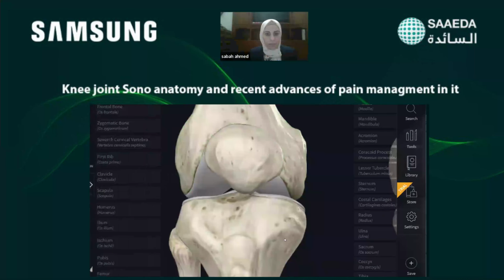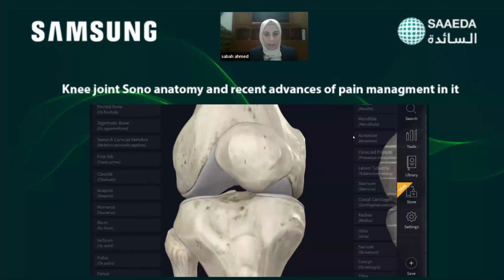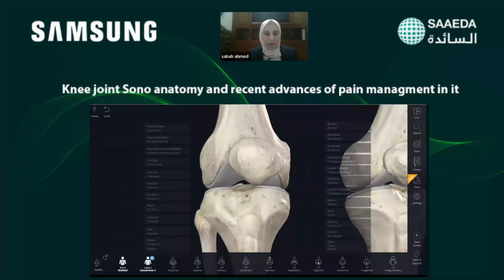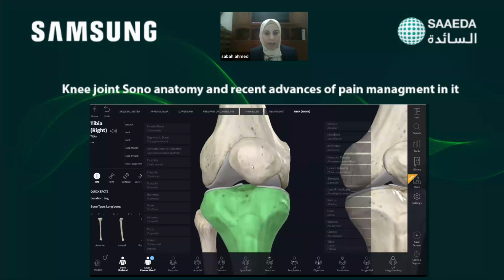Now I begin with the anatomy of the knee joint. As we know, the knee joint is the most important and big joint in the human body. There are three bones contributing to the knee joint: the lower femur, the upper tibia, and the patella.